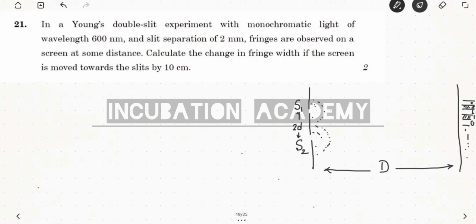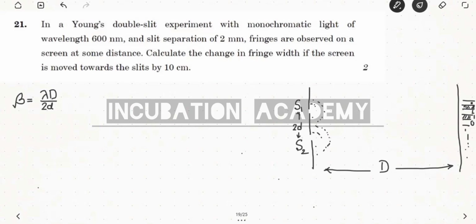If you calculate the fringe width, the expression for beta is lambda multiplied by capital D divided by 2d. Lambda is the wavelength of the light used, capital D is the separation between the slit and the screen, and 2d is the separation between the two coherent sources.